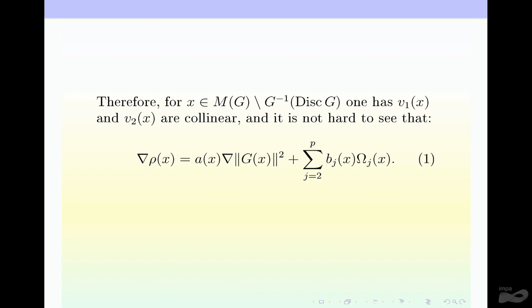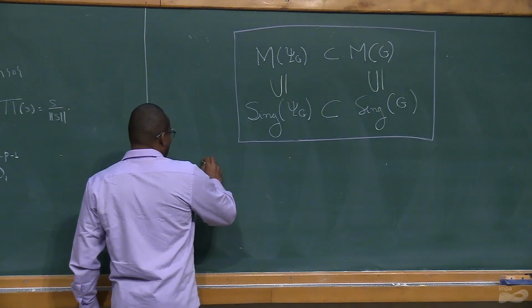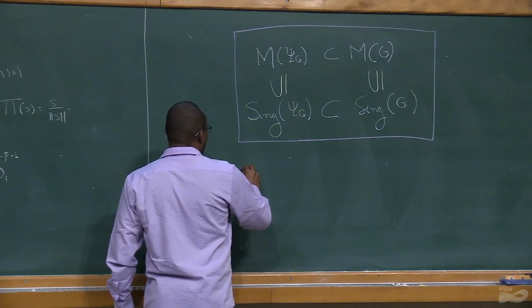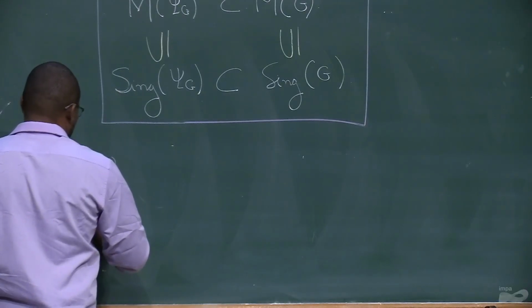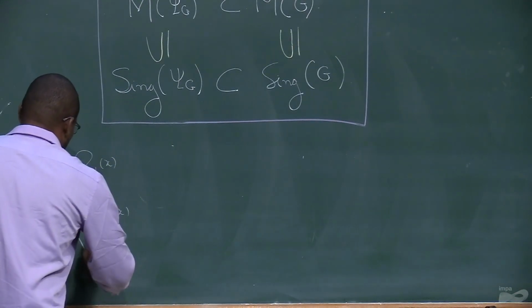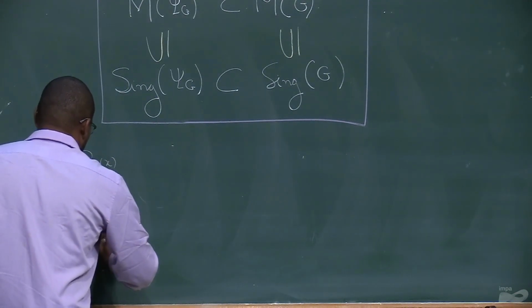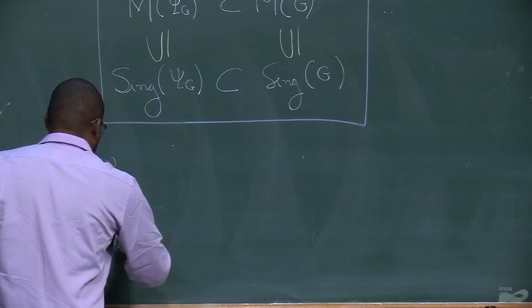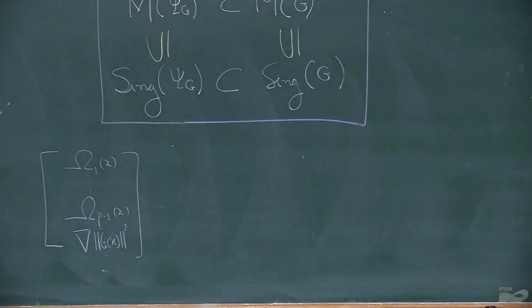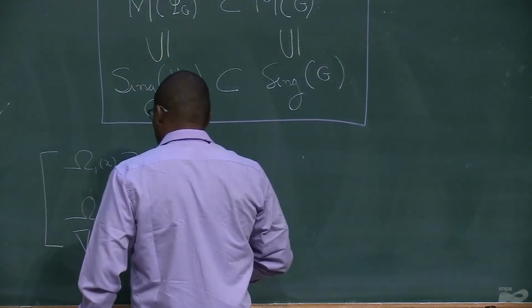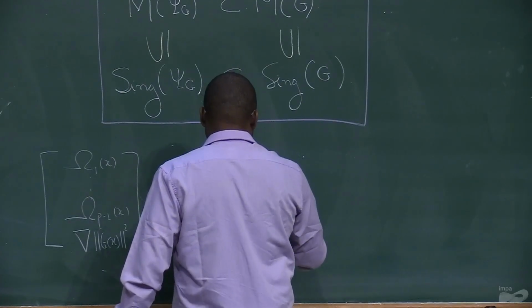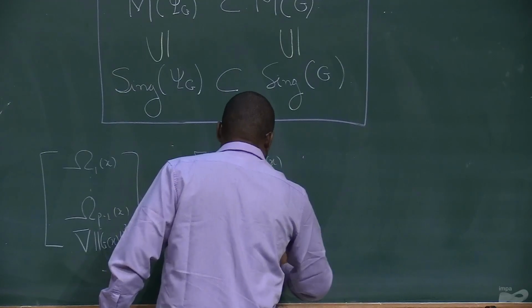But the idea is, if we consider the matrix given by omega 1x, omega p minus 1x, and the gradient of absolute value of gx squared, and for another side, we consider this matrix here, GPX.